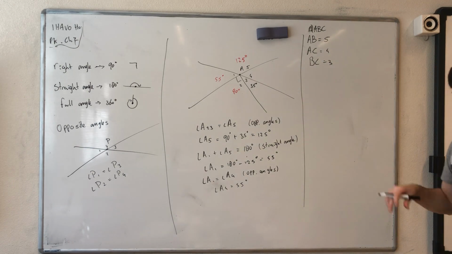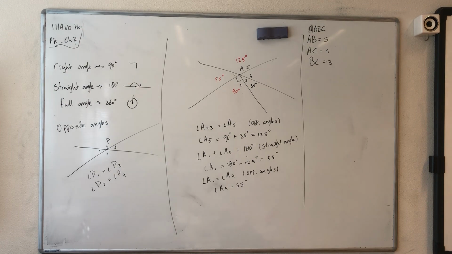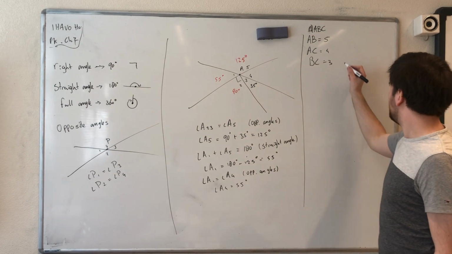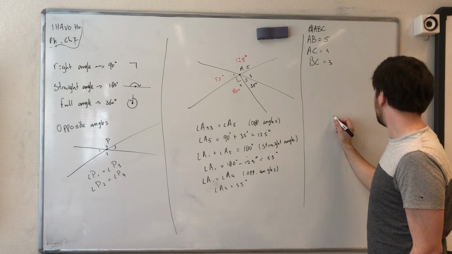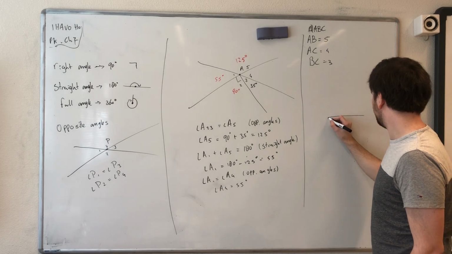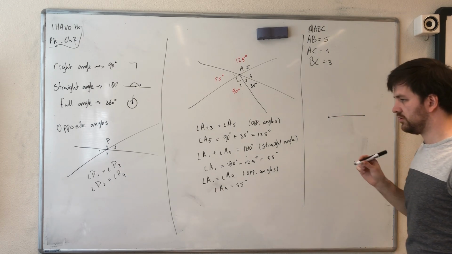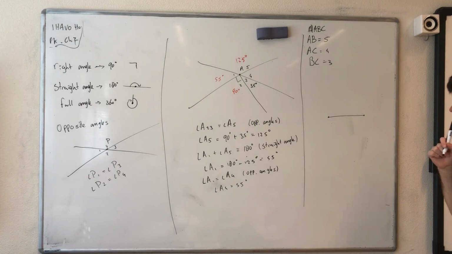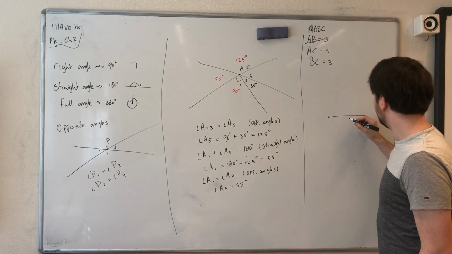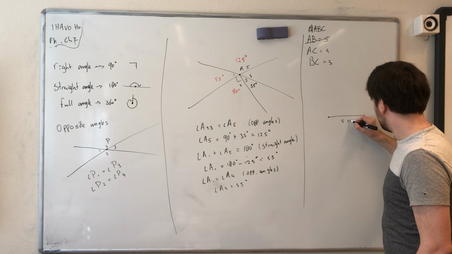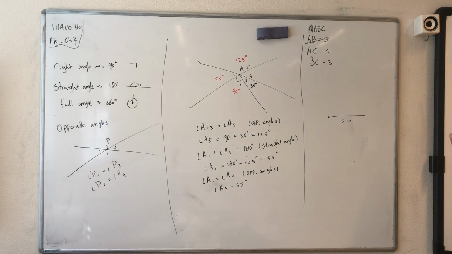We could draw this triangle by taking a few steps. Step 1 was starting with the longest side, which usually gives you a horizontal line. That's the easiest way to do it. Draw it as 5 centimeters.